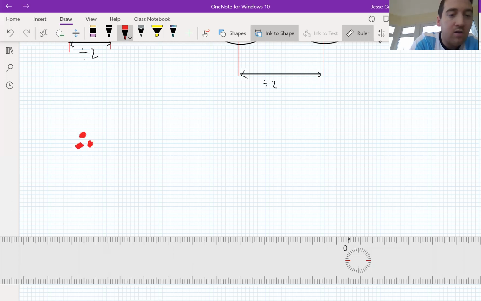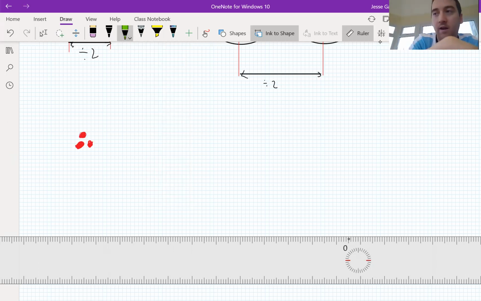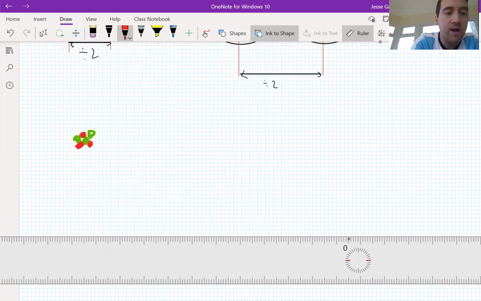So in the nucleus, we find the protons. We find a second type of subatomic particle, which I'm going to draw in green here, and these are called neutrons. What I want you to focus on though is the red ones. So the red ones are protons.